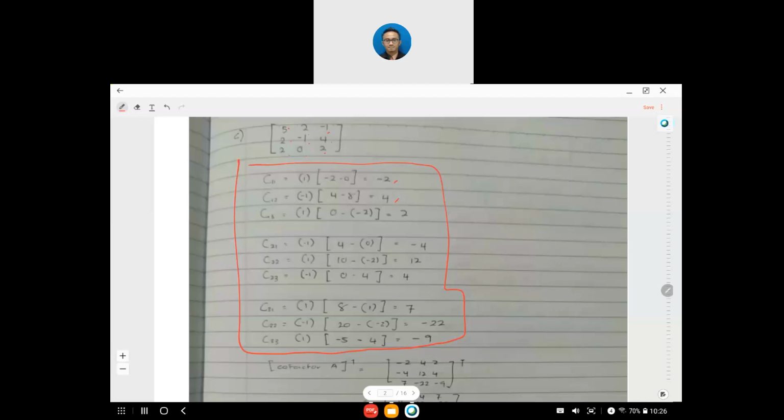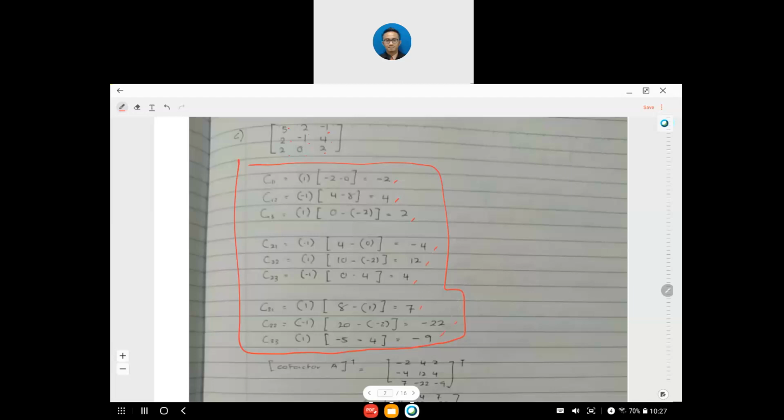Cofactor 1, 3, you can get 2. Okay, next proceed to the second row. Cofactor C21, you can get -4. Cofactor 22, you can get 12. Cofactor 23, you can get 4. Okay, and then cofactor 31, you can get 7. Cofactor 32, you can get -22. And cofactor 33, you can get -9.